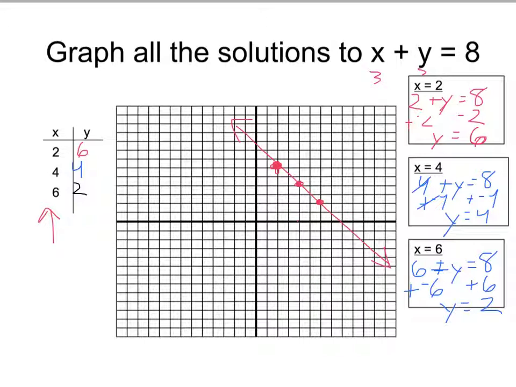Now that was a pretty easy one to plug in numbers for x. It can get far more complicated, so let's take a look at a little bit harder one. And I'm going to ask that you guys try this. I'm going to ask that you pause the video in a moment. I'm going to write an equation on here, and I want you to make a T-chart and solve for 3 points and make your own graph and graph them to practice.